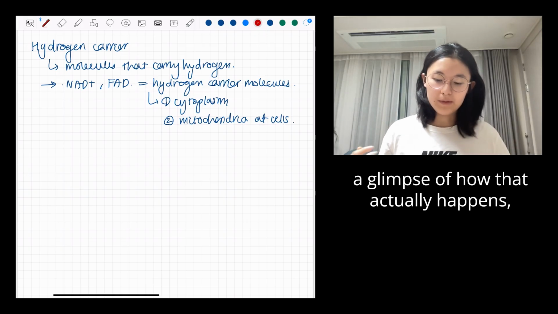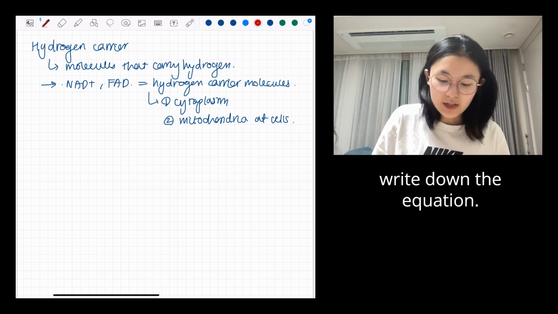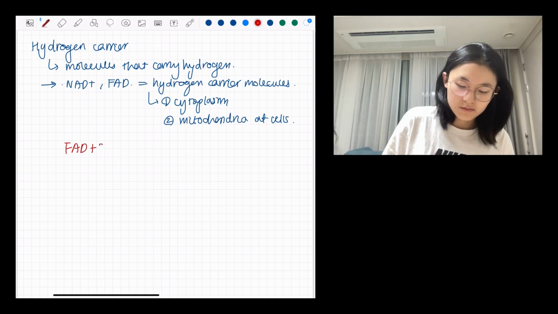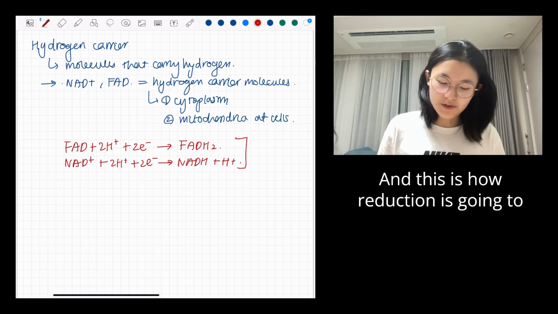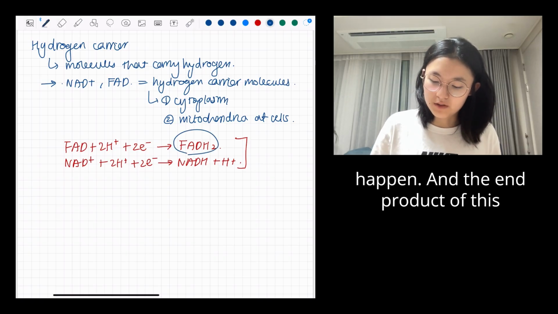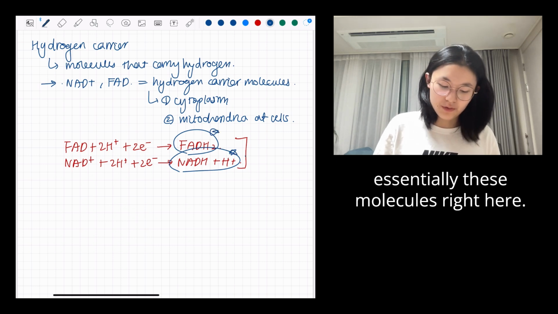To give you a glimpse of how the reduction process of these hydrogen carriers happens, I'm going to write down the equation. And this is how reduction is going to happen, and the end product of this reaction is these reduced hydrogen carriers, which are essentially these molecules right here.